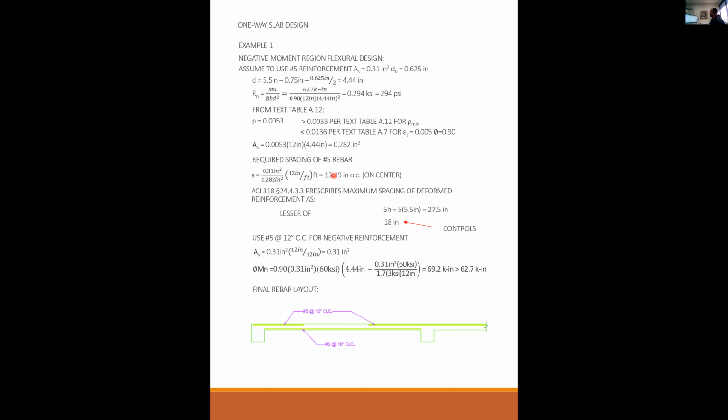But what you will find is if you put them at 14, then the area of steel that you have provided is 0.31 times 12 divided by 14. You're providing 0.266 inches squared. If I put 0.266 inches squared here and here, then you will find that your phi Mn will be less than your demand, and it doesn't work.